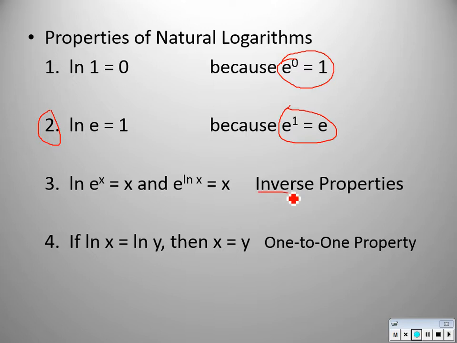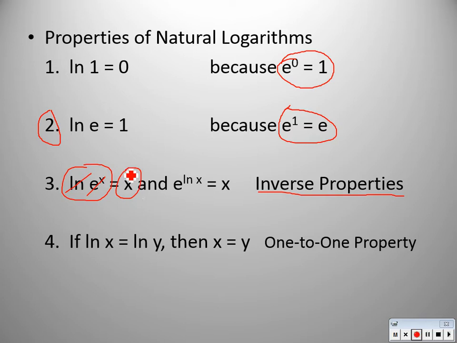And then there's an inverse property involved. Keep in mind that because the natural base and the natural log are inverses of each other, whenever they're coupled together in the same expression, they cancel each other out. So for instance, if I take the natural base to the natural log of x, those two, because they're inverses, cancel each other out, and I'm just left with an x.